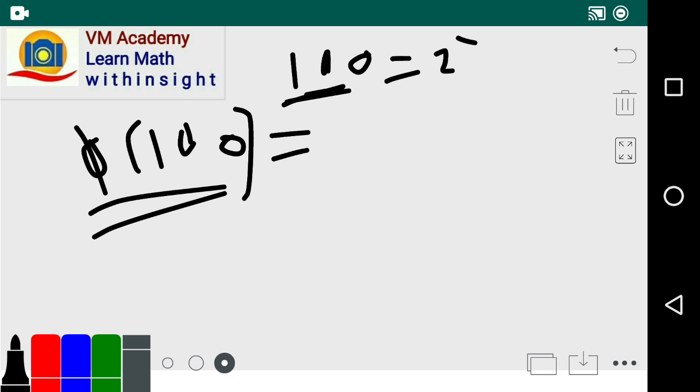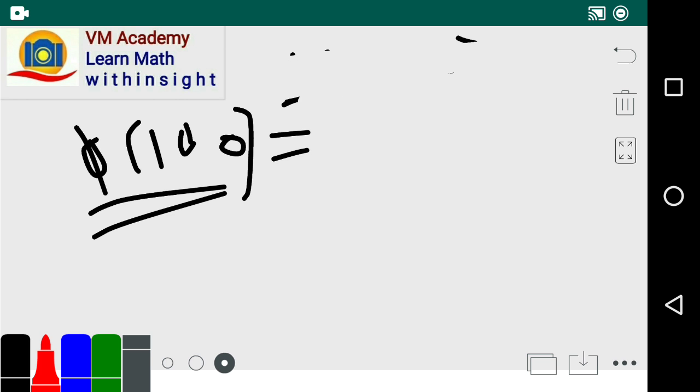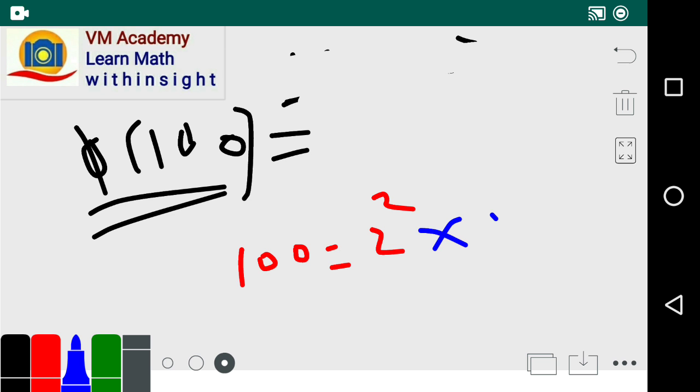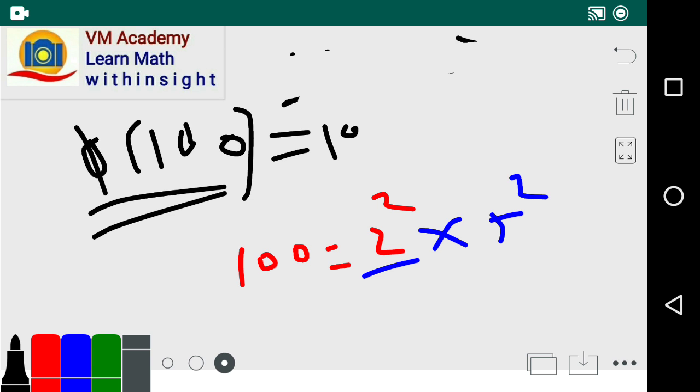Again 10 can be written as 2 into 5. So 100 is nothing but 2 raised to 2 into 5 raised to 2.